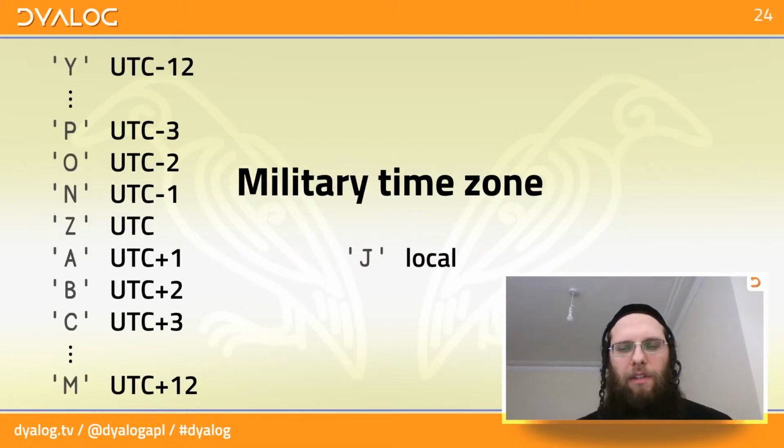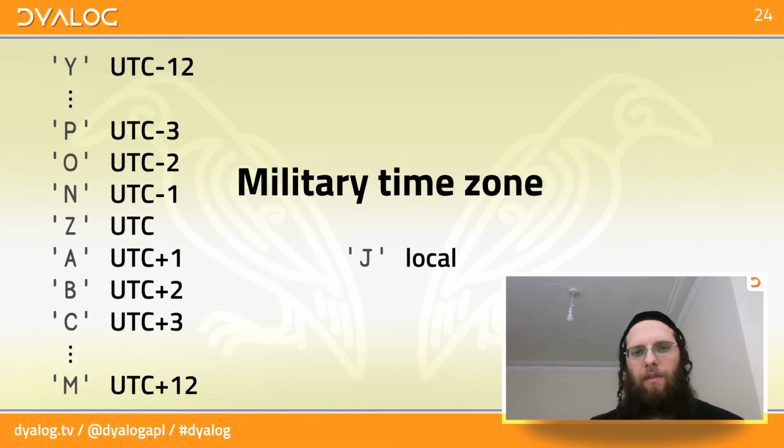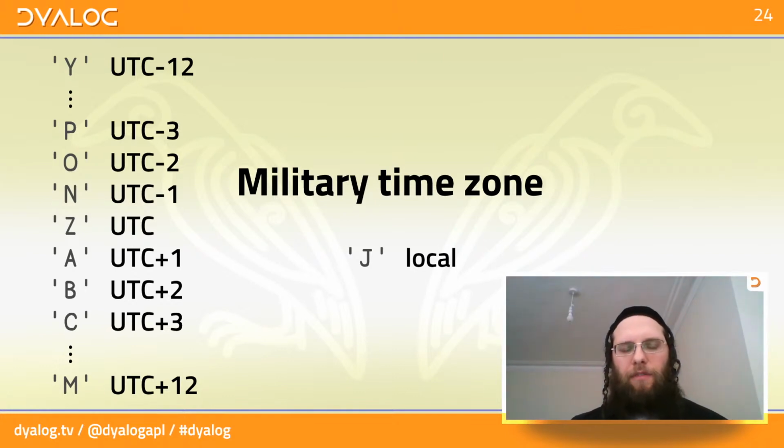And finally, military time zones. It's not something that's universally known, and we've only added it really as a convenience. It also doesn't cover all the time zones in the world. But the idea is that Zulu time, or Coordinated Universal Time, is described with the character Z, and then we start counting up A, B, C for the whole hour time zones after that, and eventually count down from N, O, P for all the time zones before that.